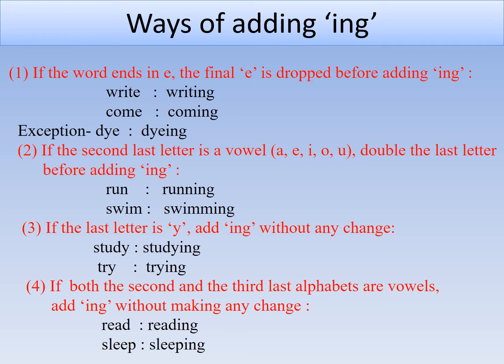For example, read, R-E-A-D. Here second last letter is A, which is a vowel, and the third last letter is E, which is again a vowel. So here we don't have to make any change. Read, reading. Sleep, sleeping.